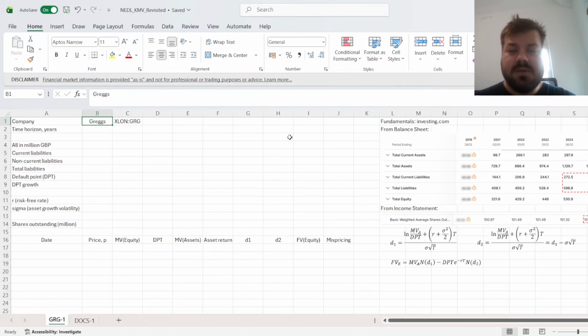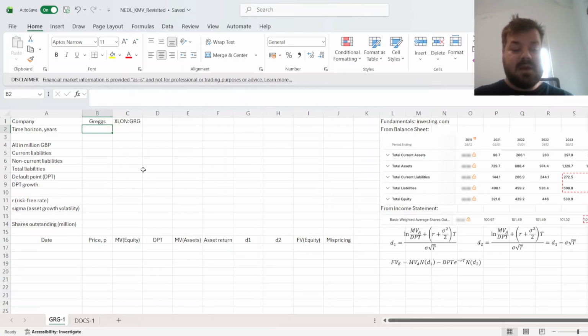And I'll be using investing.com for fundamental data and the Excel stock history function for stock prices. So here we've got the company name and its stock history ticker. Again, we have got XLON as the exchange code and GRG as the company code.